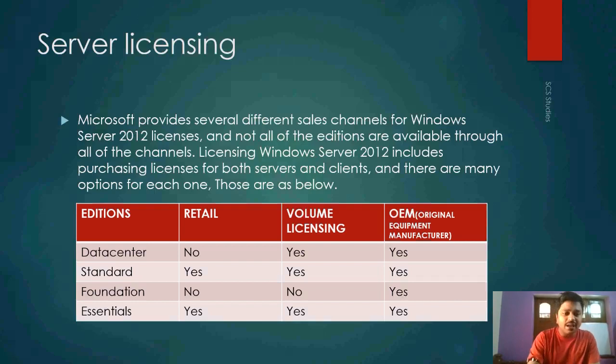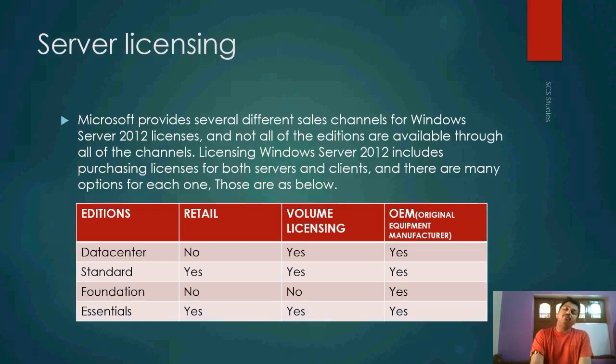If a retailer is going to give you a proposal to sell Data Center, that is not the way you can purchase it. You can purchase it from VLSC or from the OEM. In here, OEM means, suppose you purchase an HP server, HP ProLiant DL360, and your OEM asks you whether you want to have Data Center license on it or not.